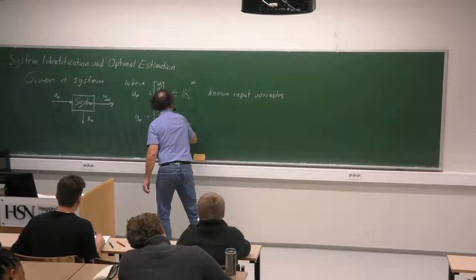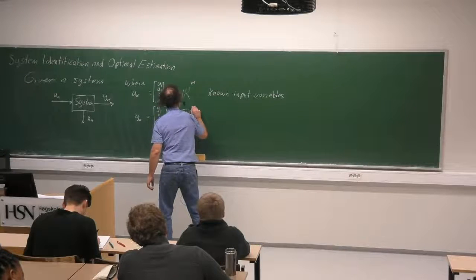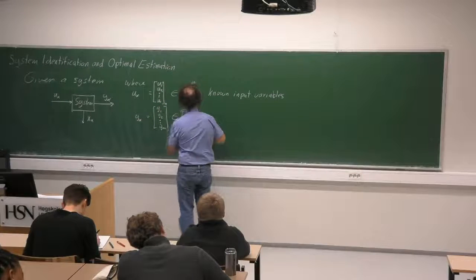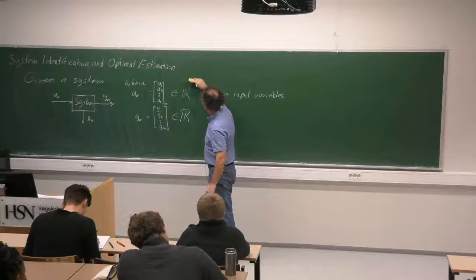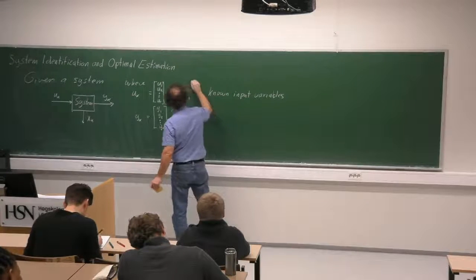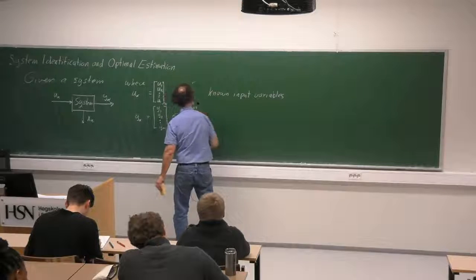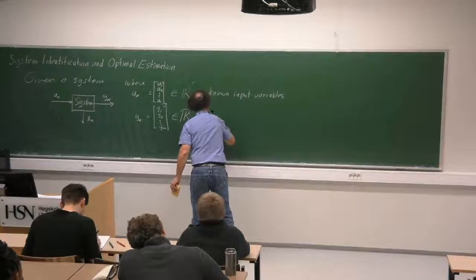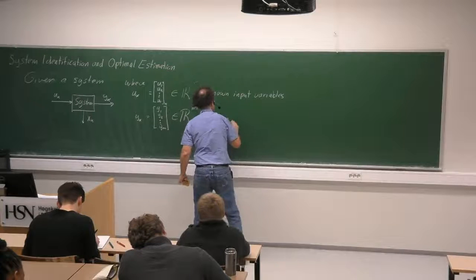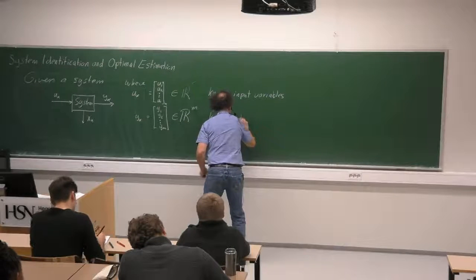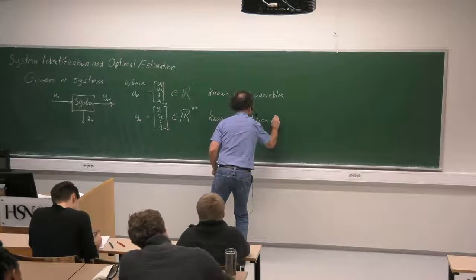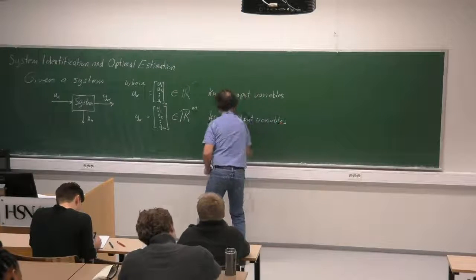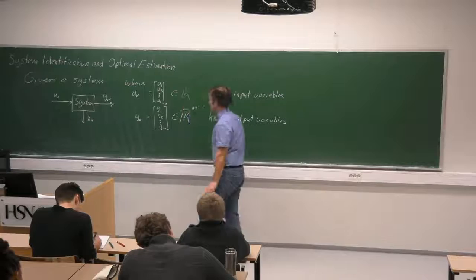Formally, this may be defined, sorry, an error here. I should have R here and M here. These are known output variables in vector y.